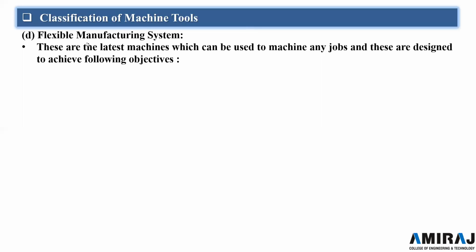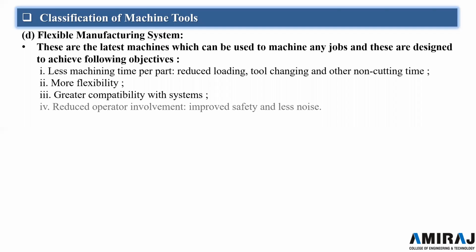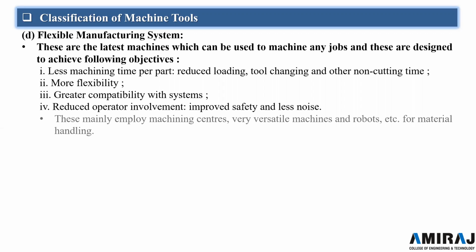These are the latest machine tools which can be used to machine any job, and they are designed to achieve the following objectives: less machining time per part, reduced loading, tool changing and other non-cutting time, more flexibility, greater compatibility with the system, reduced operator involvement, improved safety, less noise.